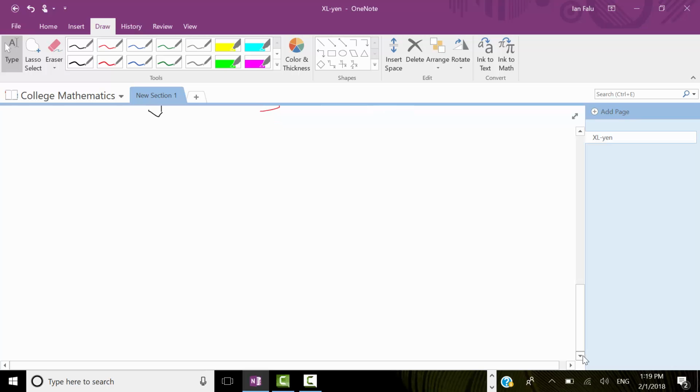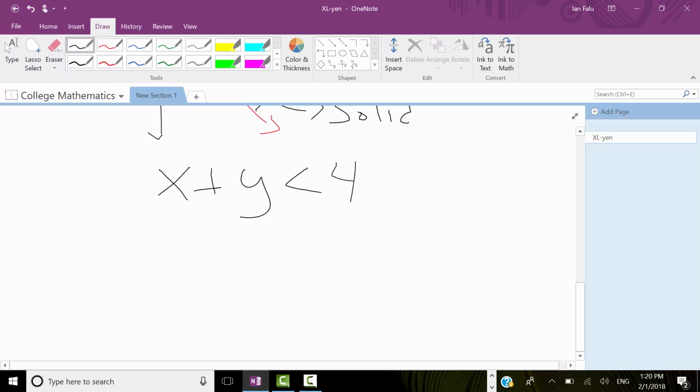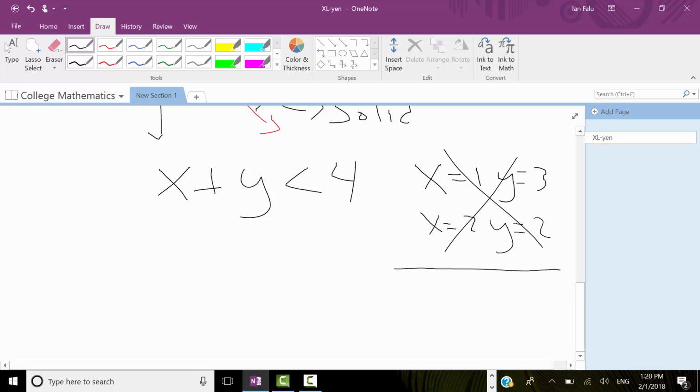Now let's change the situation. Let's say that now I have this case where I want combinations where x plus y is less than 4. So, using the values that I had before, like x equal to 1, y equal to 3, or x equal to 2, y equal to 2, will not work here because that's 4. And it cannot be 4, it has to be less than 4. So I will have to look for other combinations, like x equal to 1, y equal to 2, right?